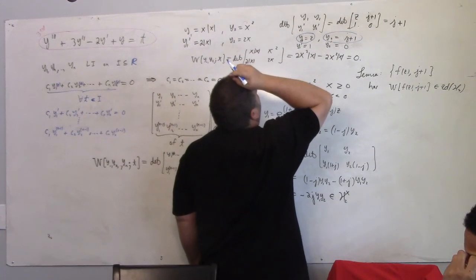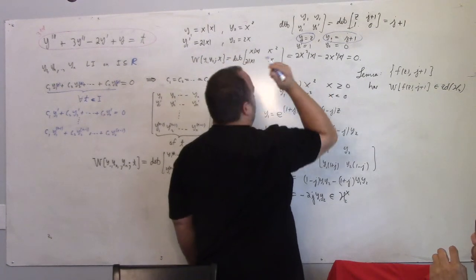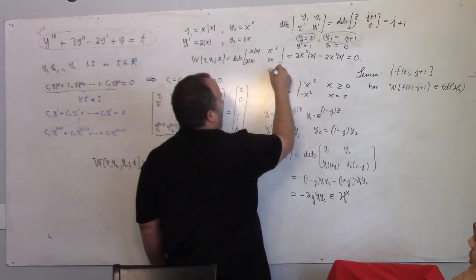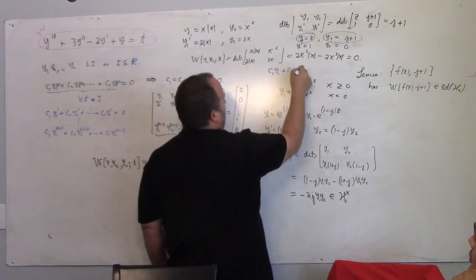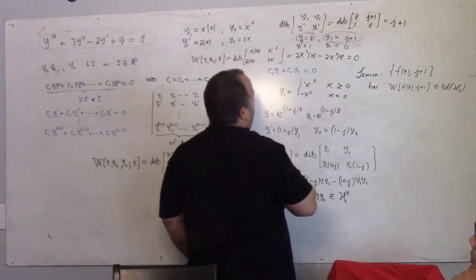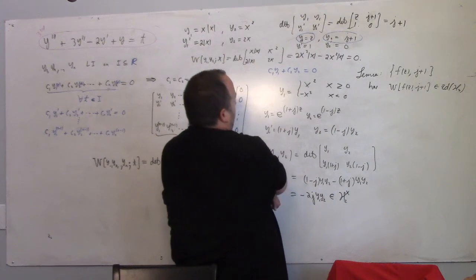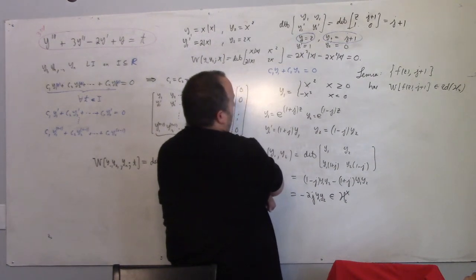You need something. I want c1y1 plus c2y2 equal to 0, and yet that does not imply the c's have to be 0.